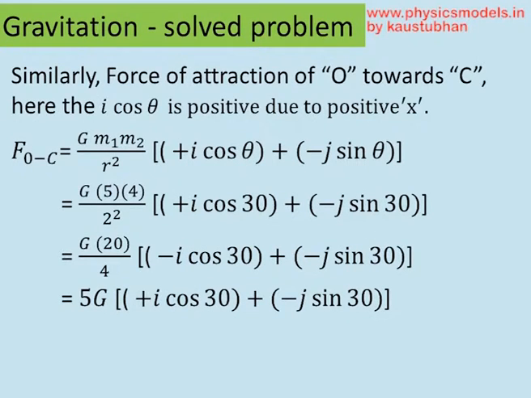Similarly, for the force of attraction of O towards C, it is again G m1 m2 by r squared, but here we have plus i cos theta as shown in the triangle on the right hand side, and minus j sin theta remains because it's downwards. So finally we get 5G into plus i cos 30 plus minus j sin 30. You can go through this in more detail.